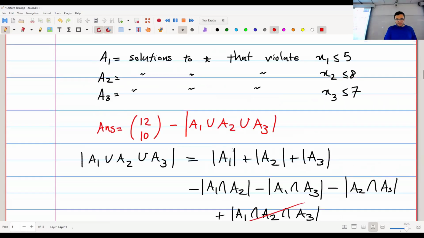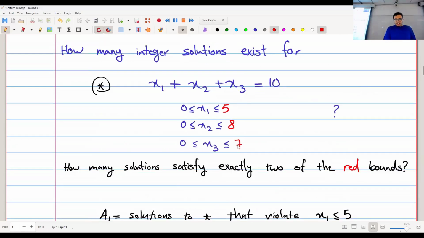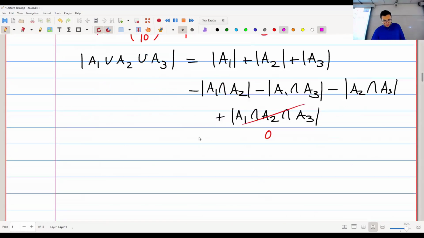Okay. Now, but let's just look at one of these. Let's look at A1, for example. So A1 is the set of solutions that violate this first upper bound. So what does it mean? It means that I basically have the same thing. So when I want to find A1, I have the same equation, x1 plus x2 plus x3 equals 10.